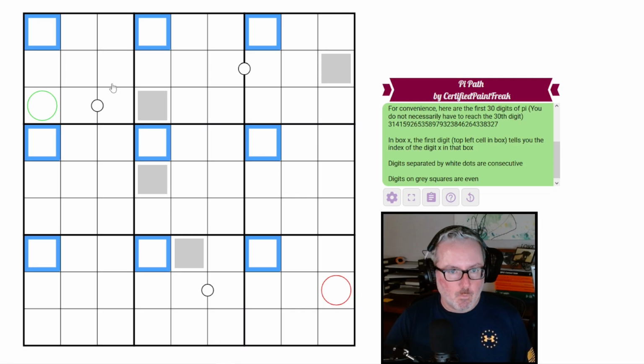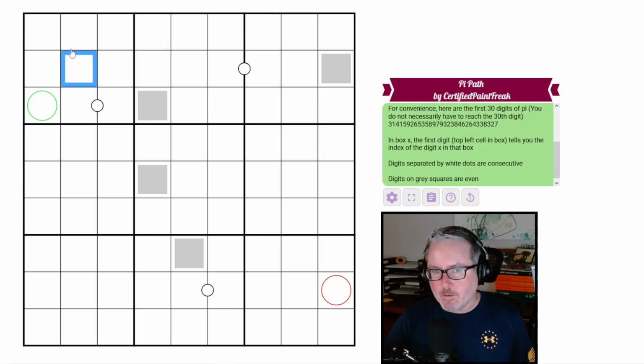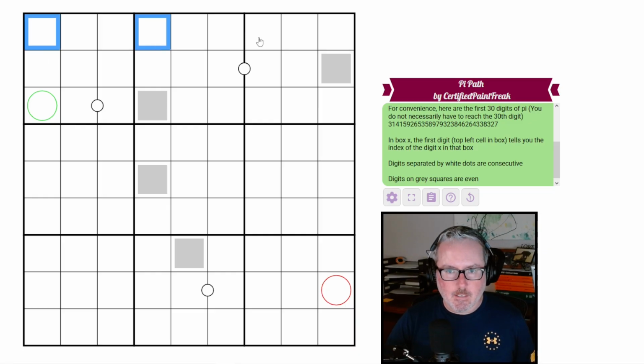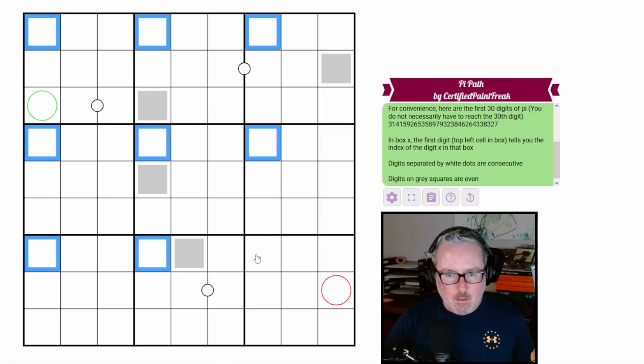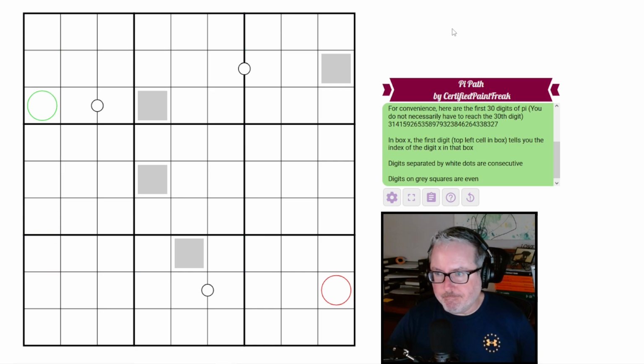So this would be region 1. If this was a 5, let's say, I think it's saying that this would be the 1, because 1, 2, 3, 4, 5. Yes, that makes sense. So these are the indexing digits to tell you where the 1 goes in this region, where the 2 goes in this one, with the 3, the 4, 5, 6, 7, 8, 9, etc. Okay, cool. That's cool with me.